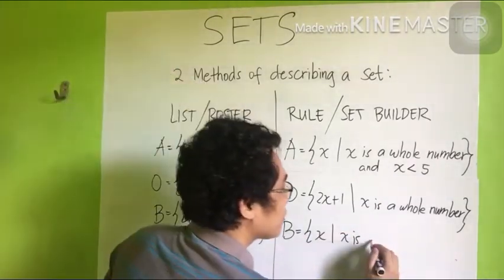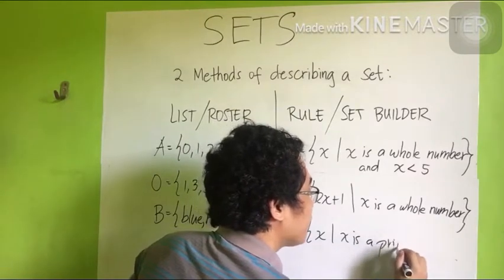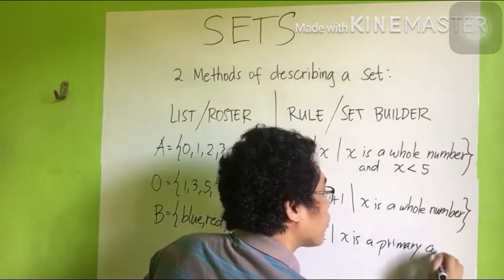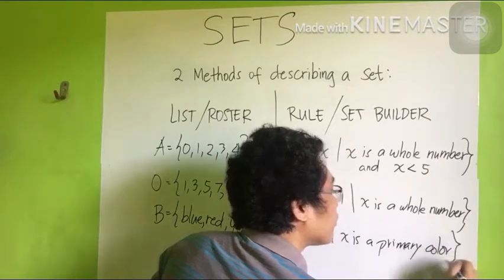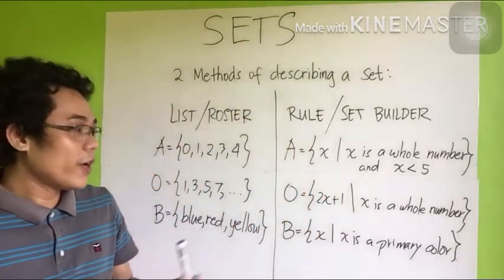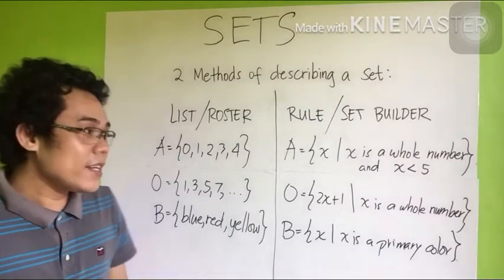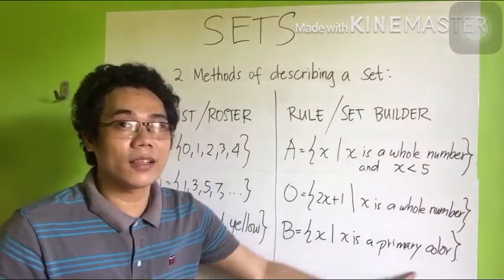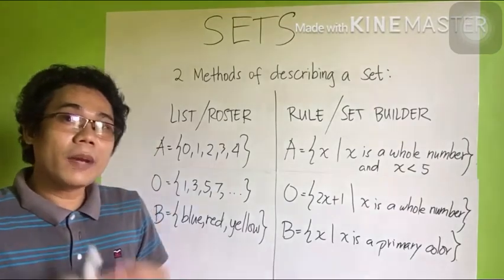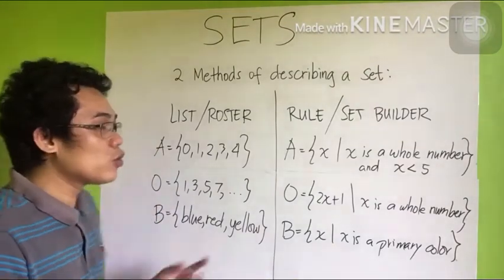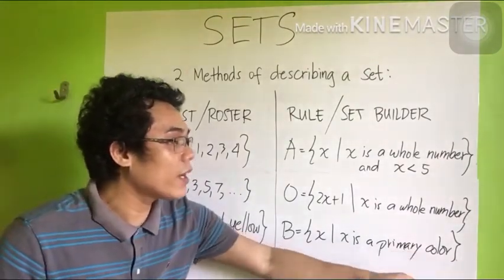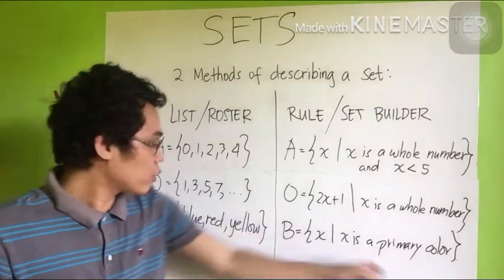So, x is a primary color. So, nagawa na natin yung set rule. So, take note na hindi necessary na isa lang ang ma-generate natin na set rule. Marami kang pwedeng malagay. As long as yung nakalagay na characteristic or rule mo dito, mag-coincide sa listing mo.